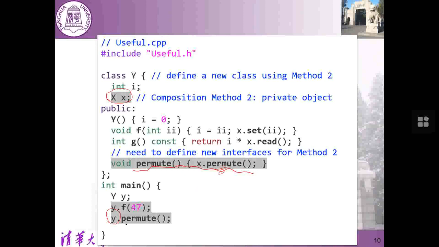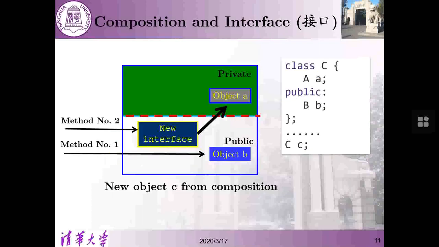Then using a Y object, we just call this newly defined member function. Okay, these are the two ways of composition. The first one is a public member object, which we can directly access.